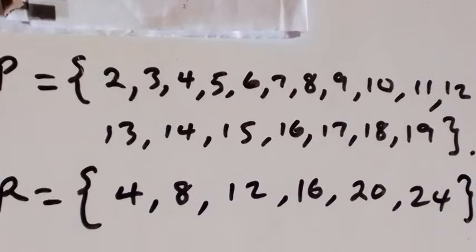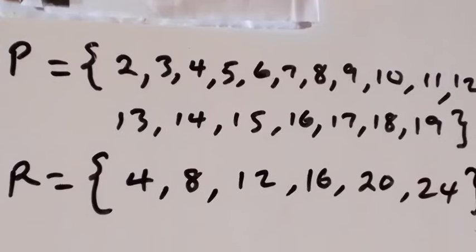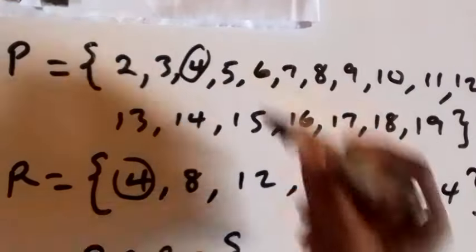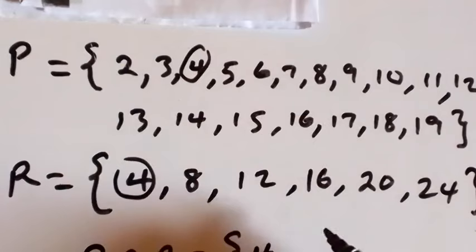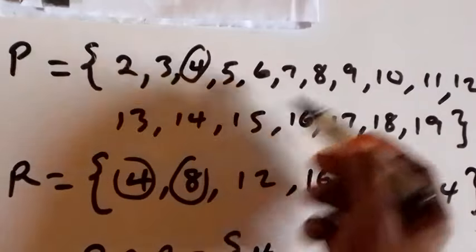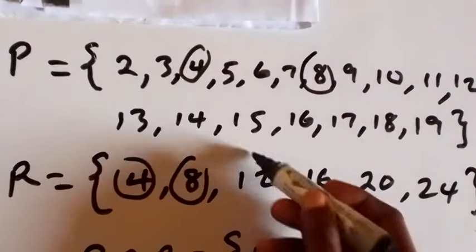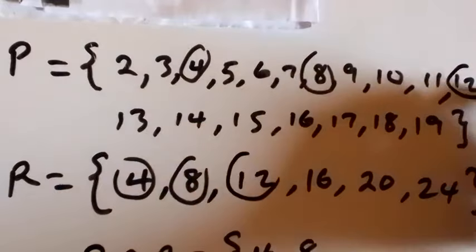Then, now, the question says we should find P intersection R. That's what we are asked to find. So P intersection R here now, what is common between P and R? We have 4 common. Then 8 is common. Then 12 is common.